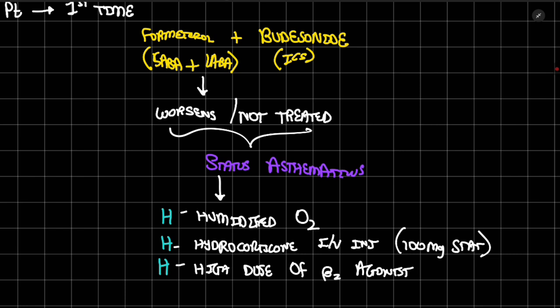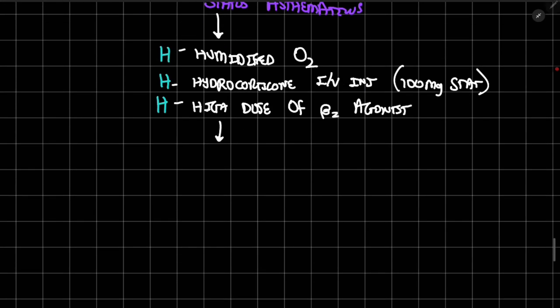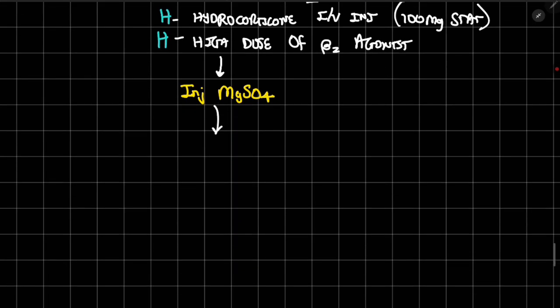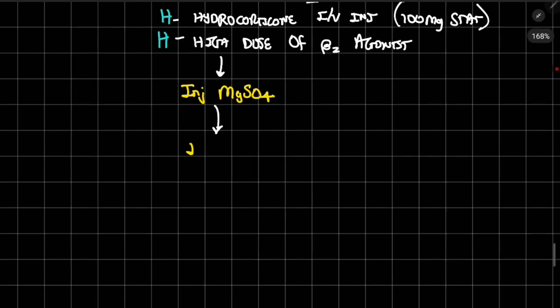Now, if it is still not treated, we give injection of MgSO4. Still not treated, we give him ipratropium. What was ipratropium? Yes, you guessed it right, it was the anticholinergic.